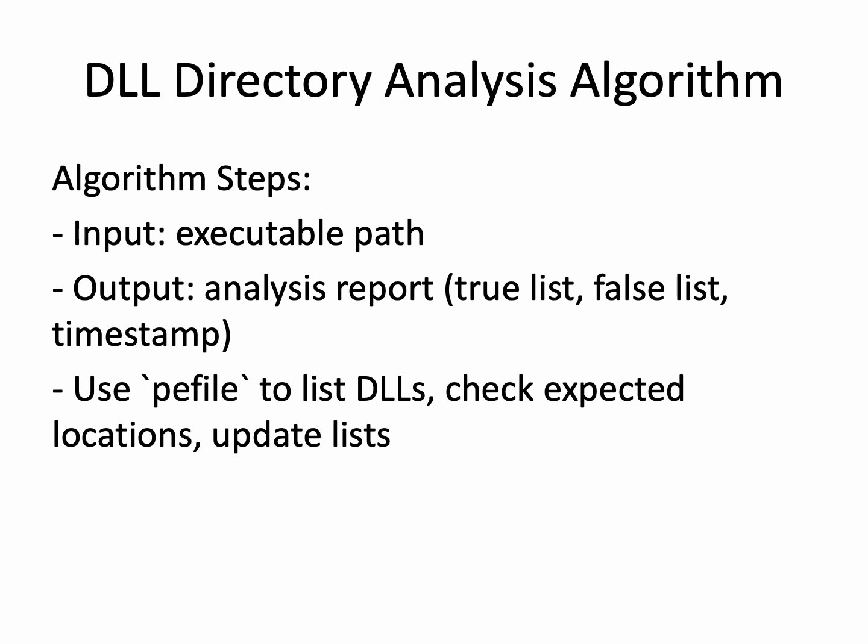We have a directory analysis algorithm. It takes the executable paths as input, and the output is the analysis report, which is the true list, false list, and the timestamps. Here we use a PE software to list all the DLLs, then check their locations and update the list.